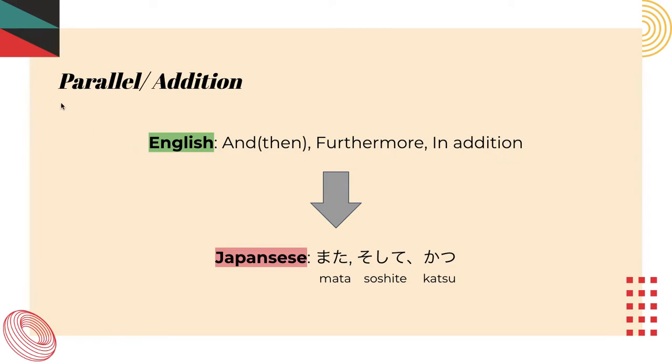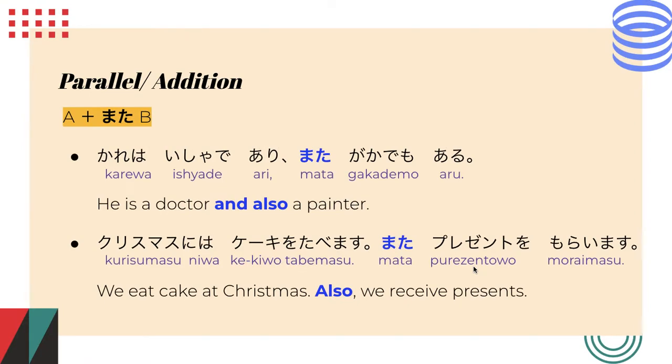But because you want to make the sentence as a parallel, or you want to add more information to the existing sentence. To say these in Japanese would be また、そして、かつ。So let's work with examples.